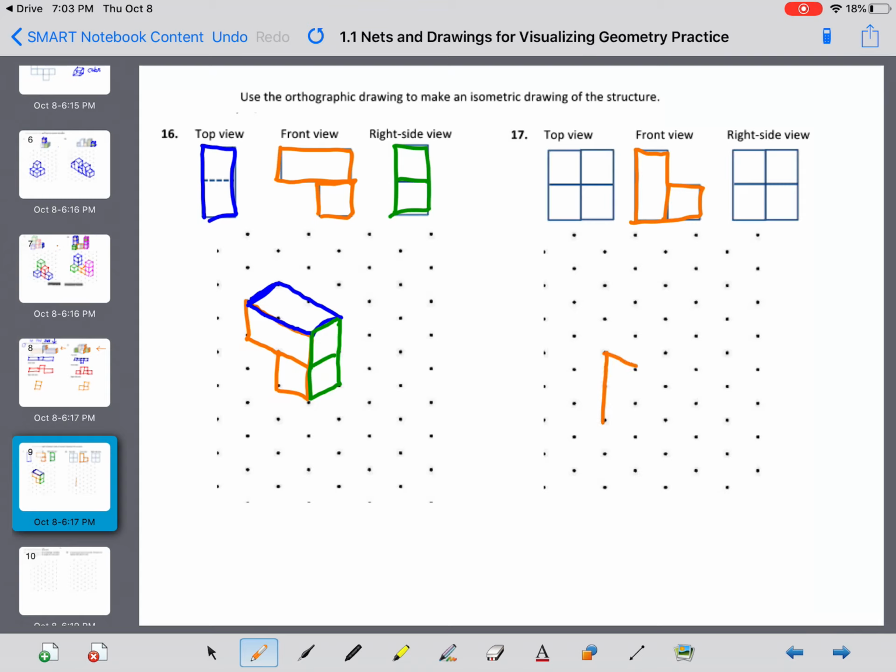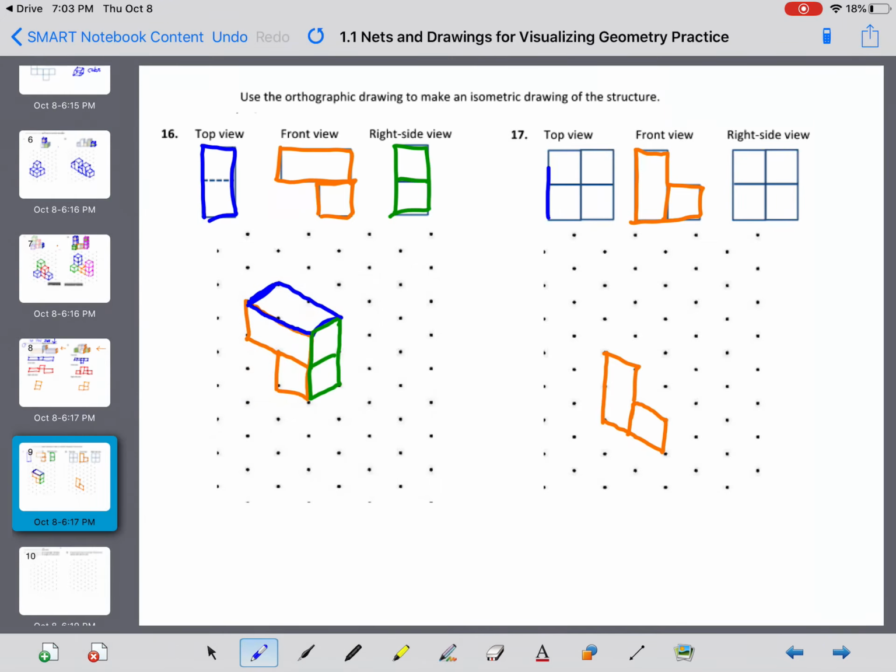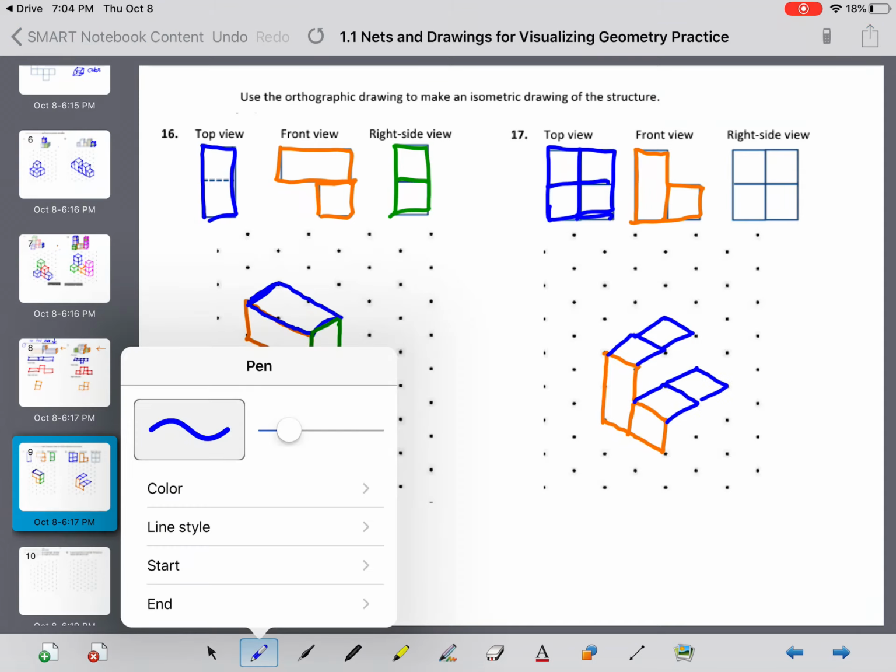Okay? So here's my front view. Your top view is 4 squares. So, since we're looking from the top, that must mean that I have 1 square, 2 squares, 3 squares, and 4 squares.